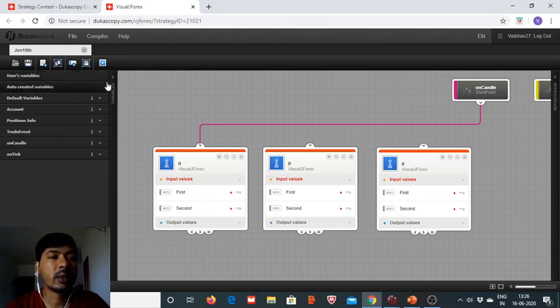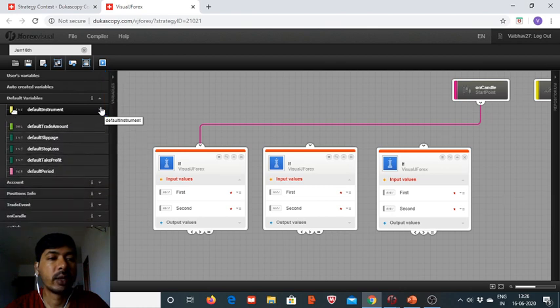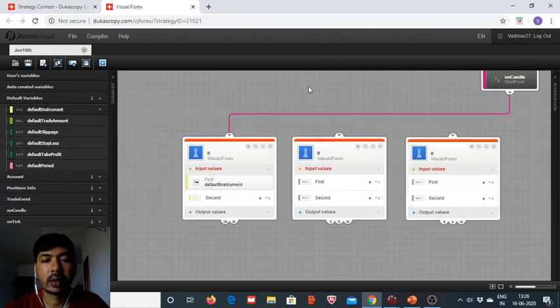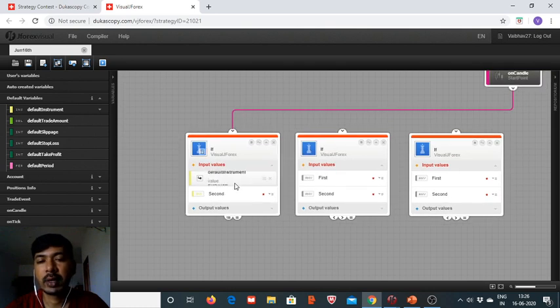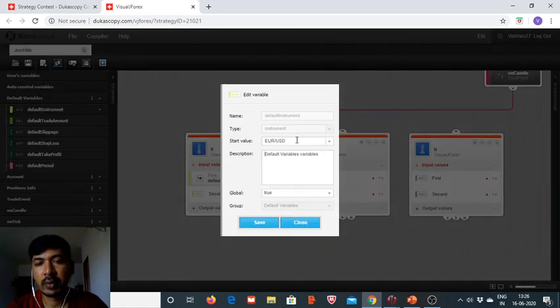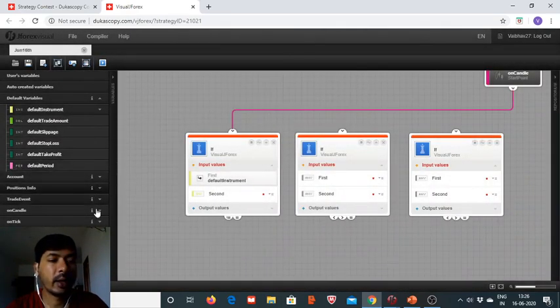First things first, we need to bring in the default instrument block, and this time around again we will be working with the EUR/USD. You can change it, simply by changing this variable from here, if you want to use any other instrument. And then we have to make sure that last ask candle, bid candle, any will do.